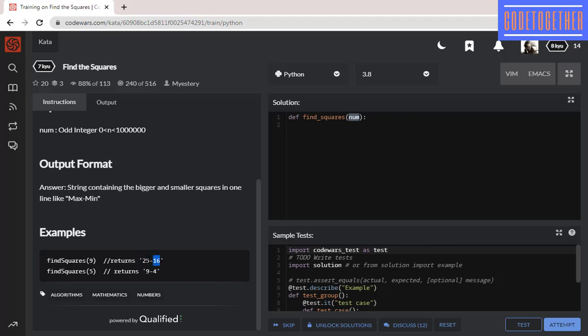which are the squares of 5 and 4, and the difference between these two is 9.